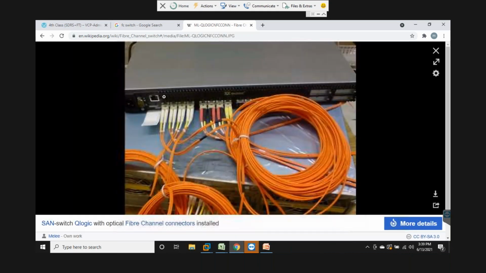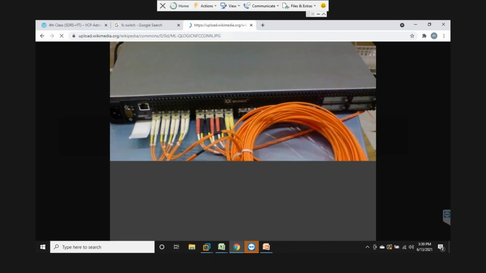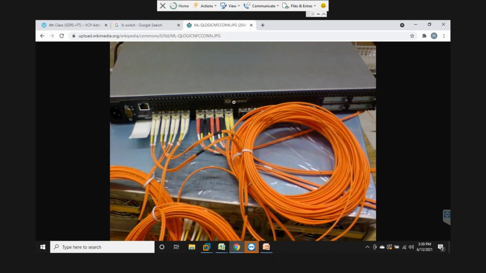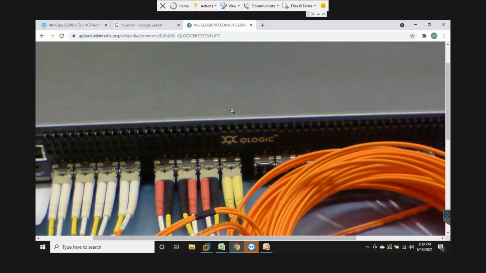So basically, you can see this is a type of switch. The company is QLogic. QLogic is a company which manufactures fiber channel switches, and these are the fiber channel cables, FC cable.